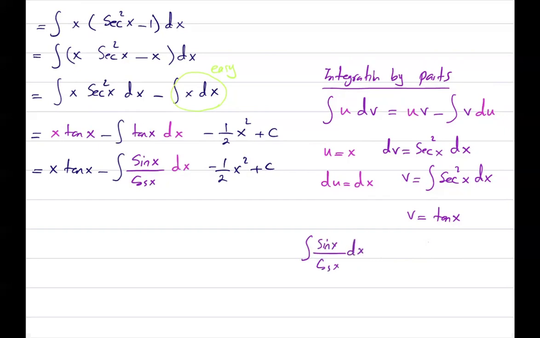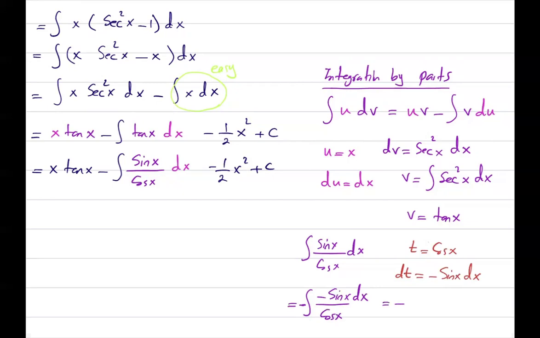I'm going to use t to be the denominator, which is cosine x, then dt is minus sine x dx. So this integral can be written as negative, so you have a negative sign in front of negative sine x dx divided by cosine x.